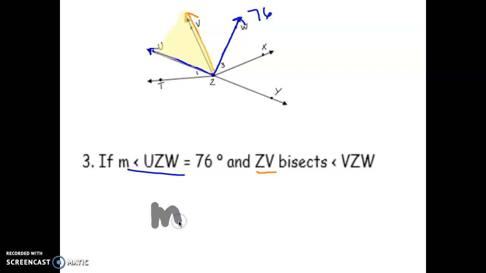So you're going to write down the measurement of UZV equals, and tell me an answer there. So my blue angle is 76. We know my orange is a bisector. What is the measurement of that smaller yellow angle? Okay, pause it, or let's look at number 4.